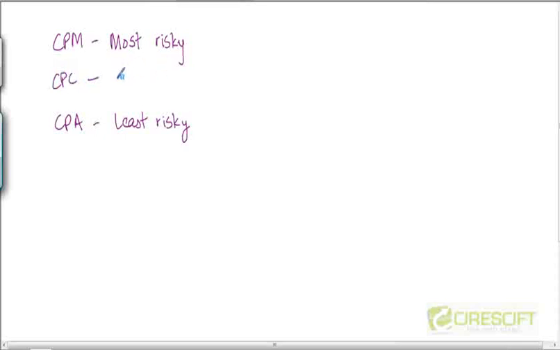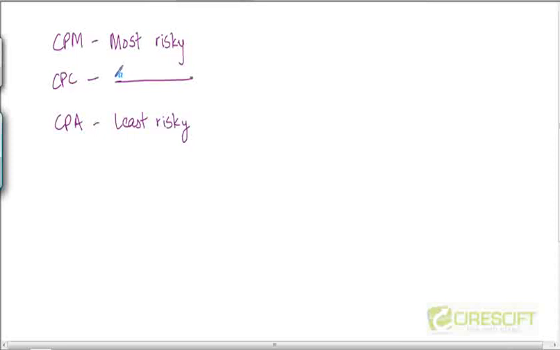And CPC is intermediate. There is some risk. Why is it less risky than CPM? Because you only have to pay the publisher when the person clicks on your ad.